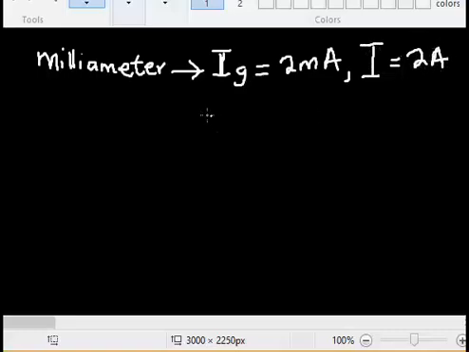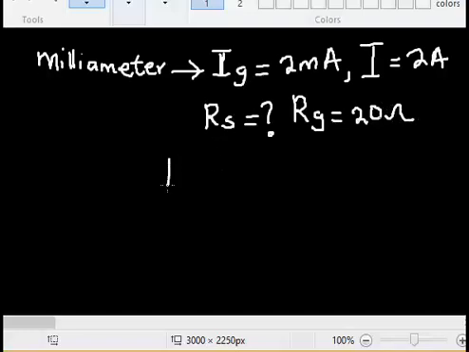So the question is, what is the value of the shunt resistor that is needed for this to happen, if the resistance of the galvanometer is, let's say, 20 ohm?